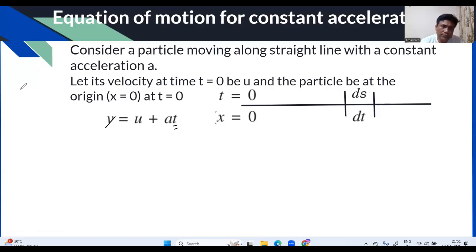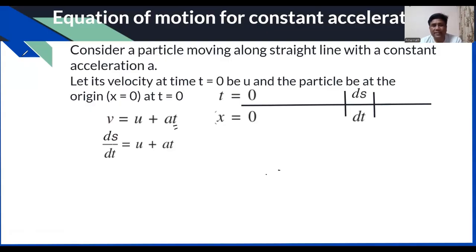Now what I do, in place of v, I am putting ds by dt, because we know that v is the rate of change of displacement. Again, I am saying it is displacement, not distance, because v is velocity.